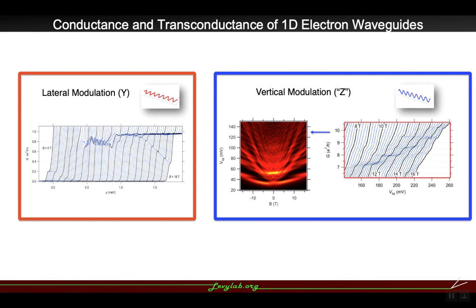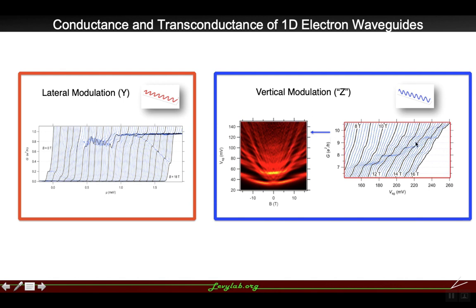Firstly, for the lateral modulation, we can see an interesting dropping of the plateaus under the plateau at 1 e squared over h. It's an interesting phenomenon. For the vertical modulation, I just drew this part. It corresponds to this part in the transconductance.